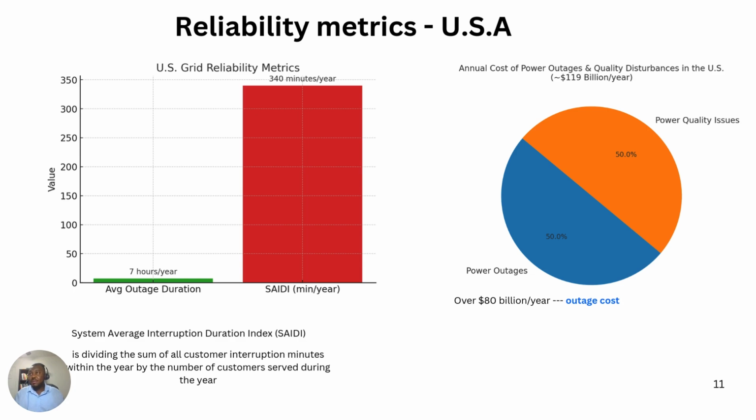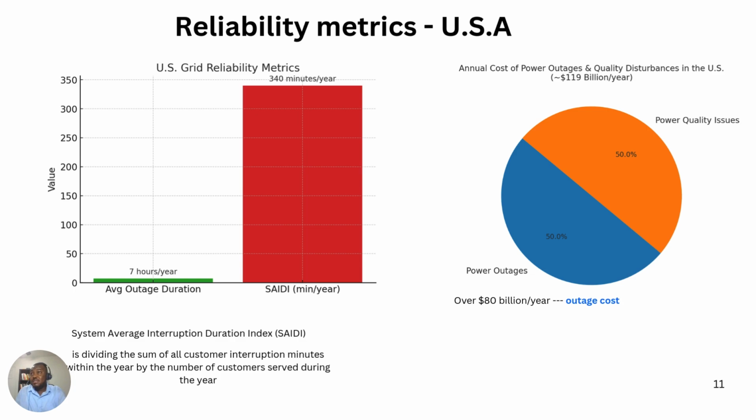For instance, if you look at the metrics in the US, the average outage in the whole of the year is 7 hours per year. This is very different for many countries. So in the entire country, it is estimated that you would have a blackout of 7 hours, and this is different for different states. However, this is the average for the entire country.